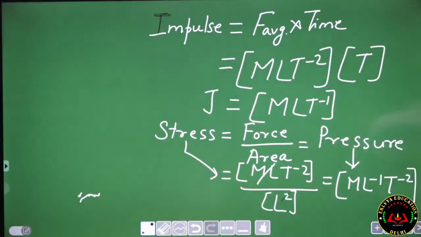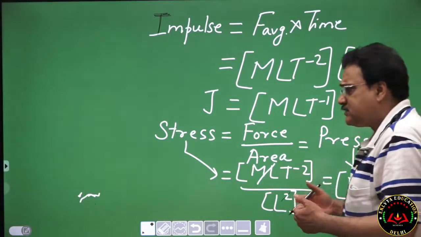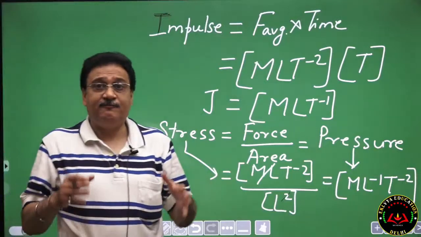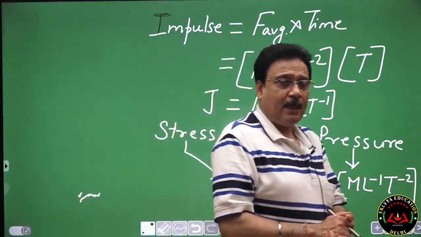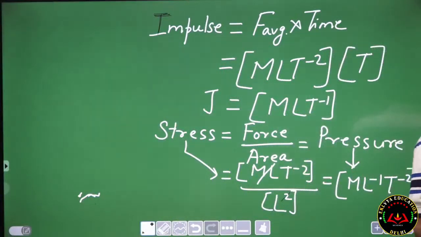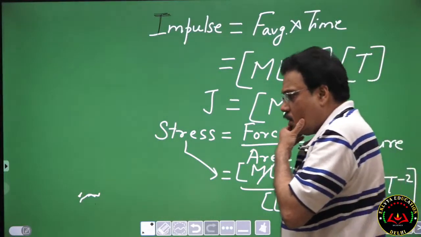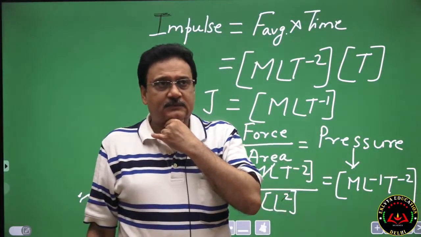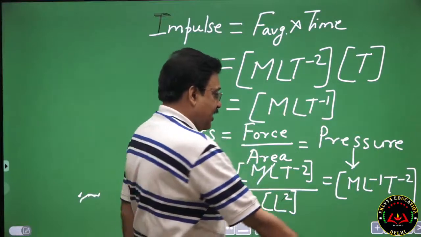Now, dear students, dimensional formula, dimensional equations, obviously when we are doing it has got some importance. The first importance, or first application based on dimensional formula, is the principle of homogeneity. Now what is this principle of homogeneity?